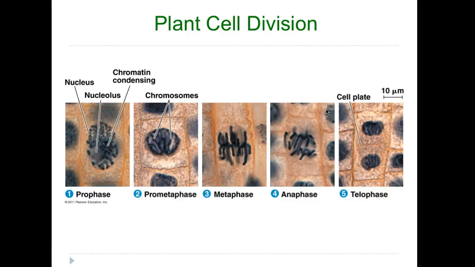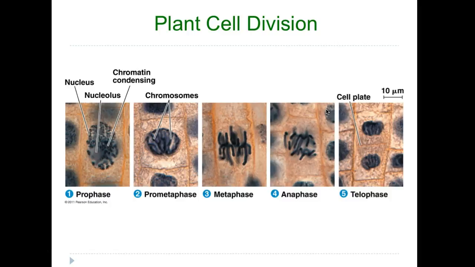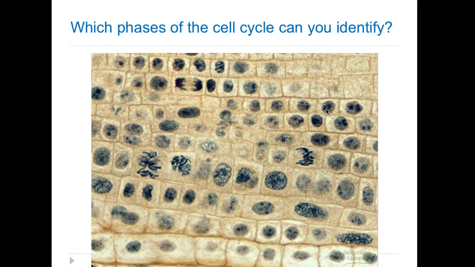Take a moment and really go back to these two slides and look at those pictures. So, animal cell and plant cell again. Which phases of the cell cycle can you identify? We will do this in lab as well.